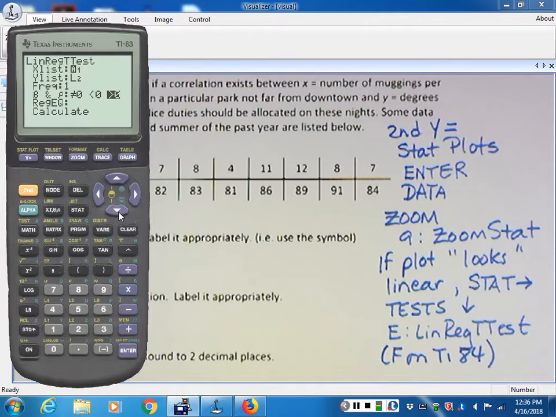And when you choose that option, it's going to ask you where your data is. If yours is in list 1 and list 2, like mine is, you just leave that alone. And once again, since we don't have a frequency distribution, we're just going to leave frequency as equal to 1.